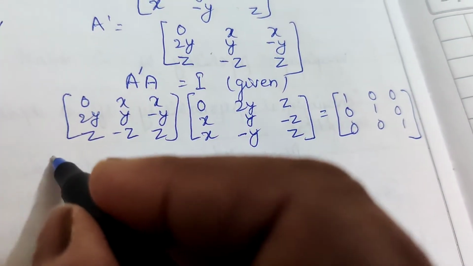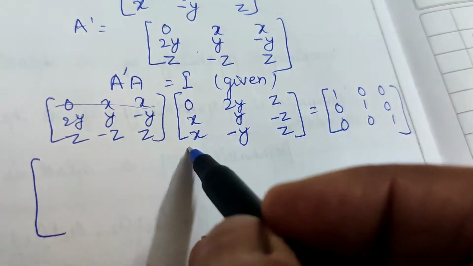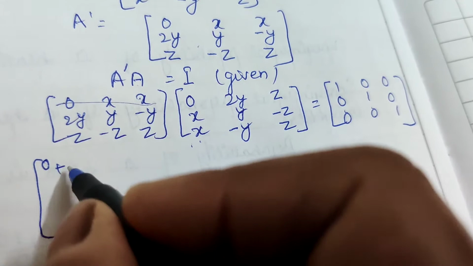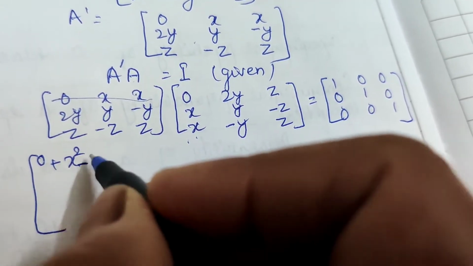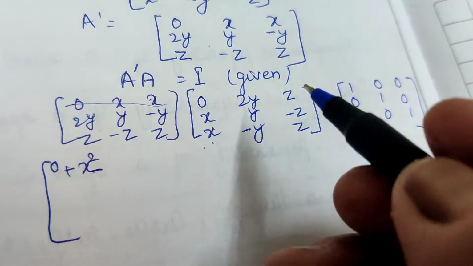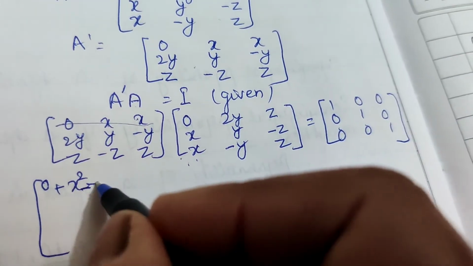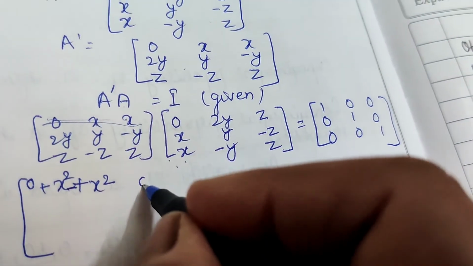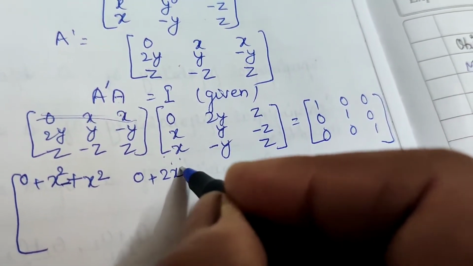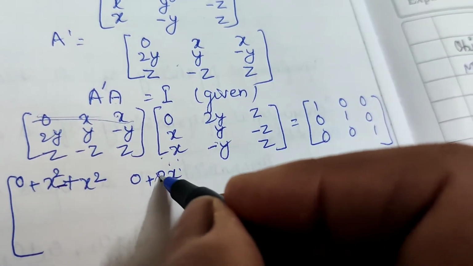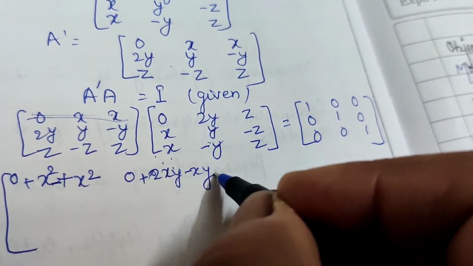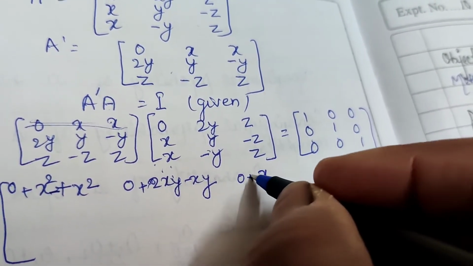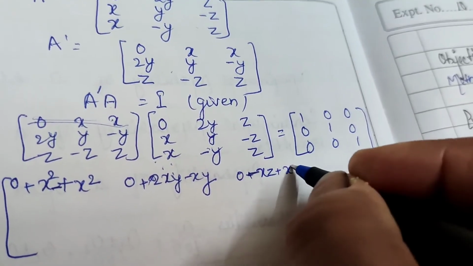Now solve. First row, first column. It means x square plus 0 plus x square minus x plus x square. In first row, second column 0 plus 2x xy minus xy. And third 0 plus minus xz plus xz.